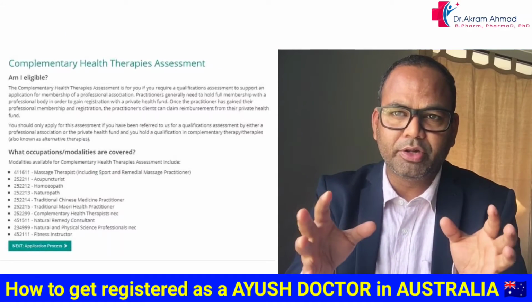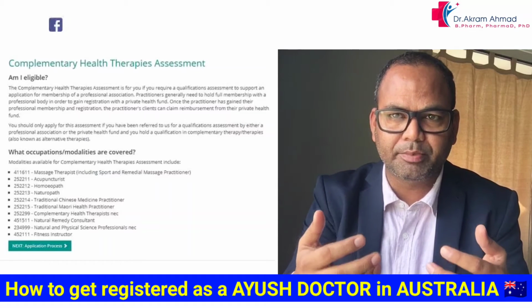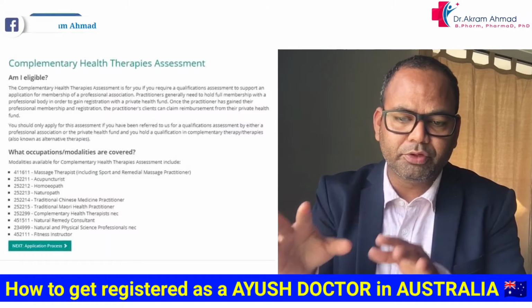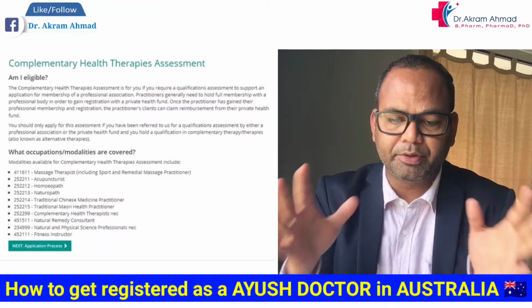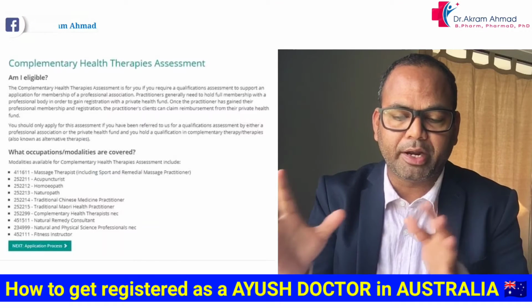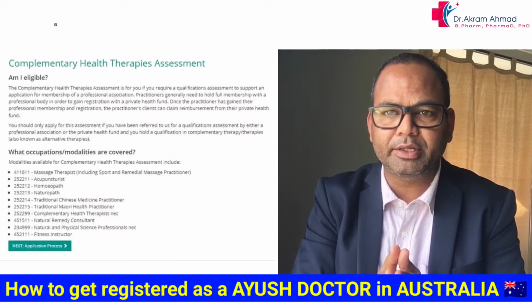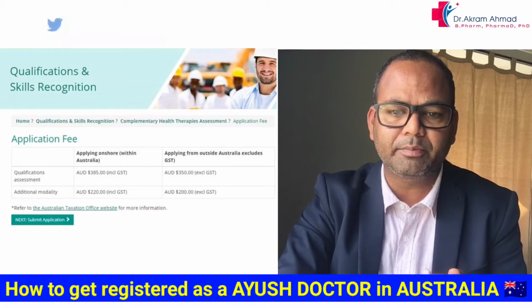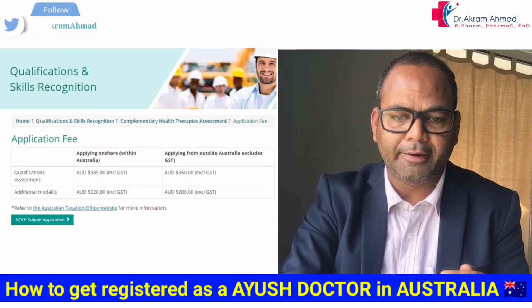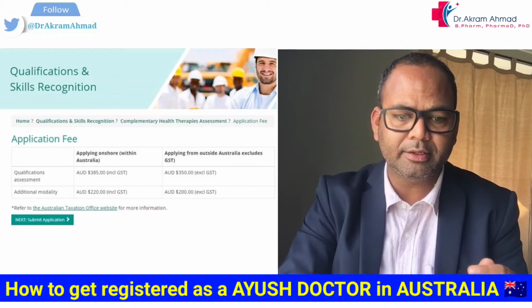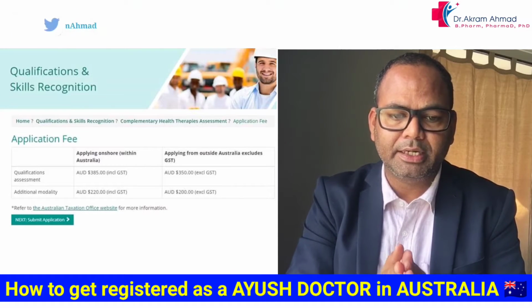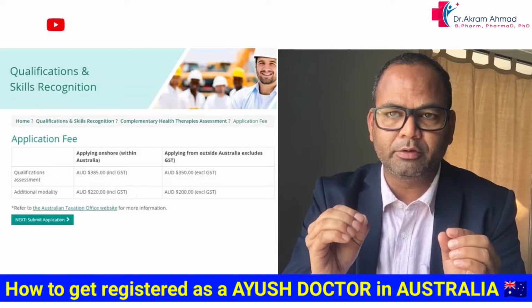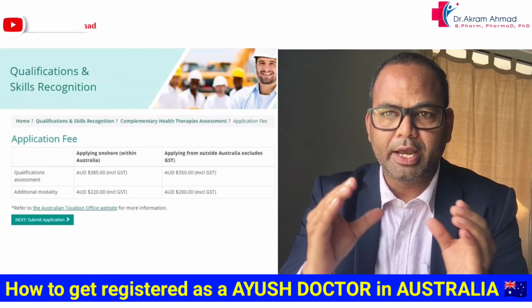I'm not going to discuss the points-based system here, but the process for the complementary health therapist or AYUSH doctor to migrate to Australia: the first step is that you have to go for a skill assessment. The skill assessment body in Australia is called VETASSESS. VETASSESS is a body that assesses your degree and your experience.